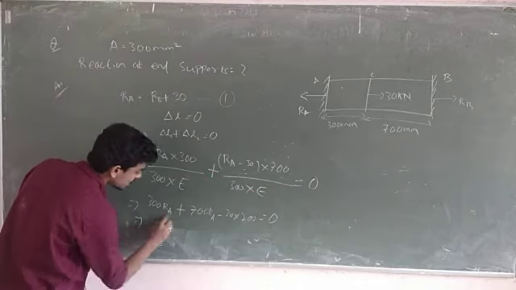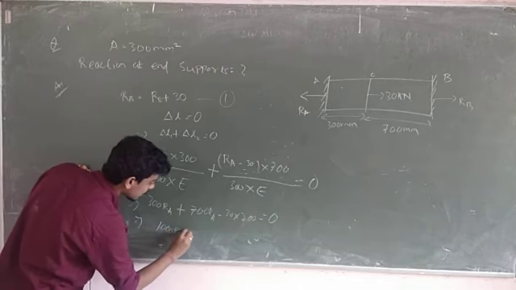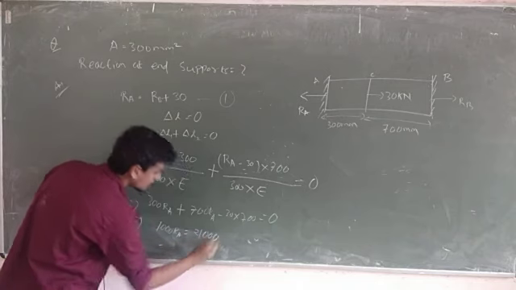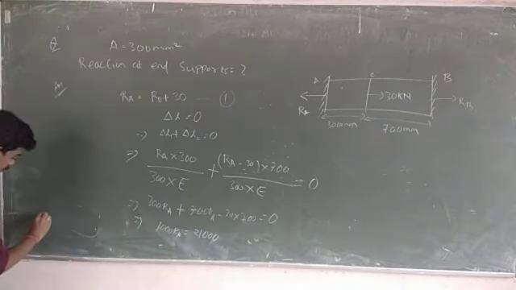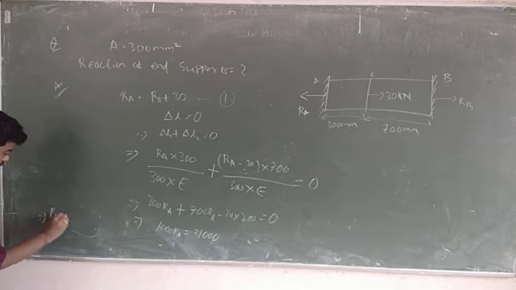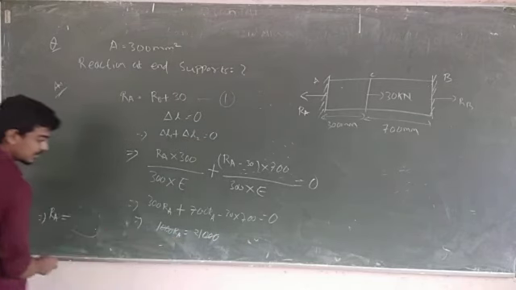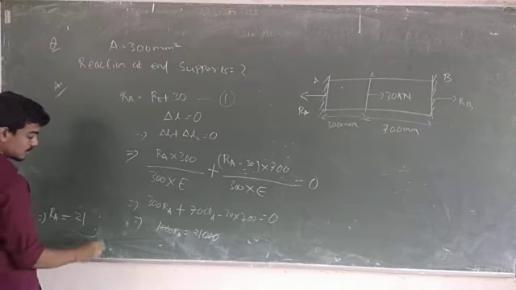So here 1000 RA equals 21,000. Okay, so RA will be equal to 21 kilonewton.